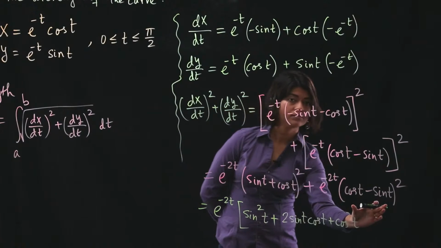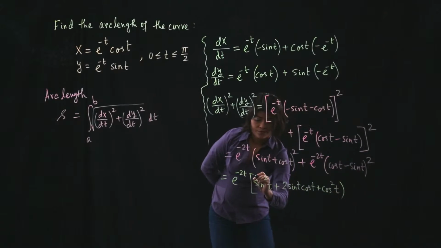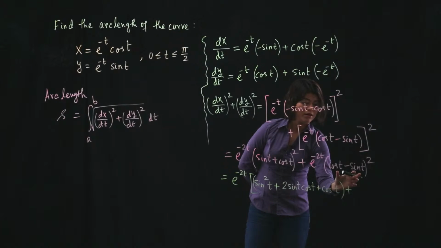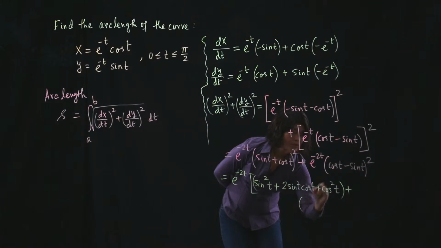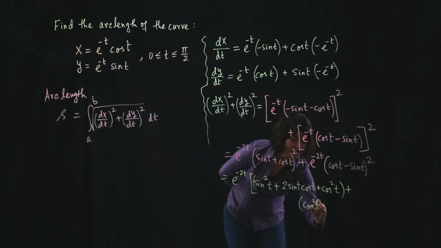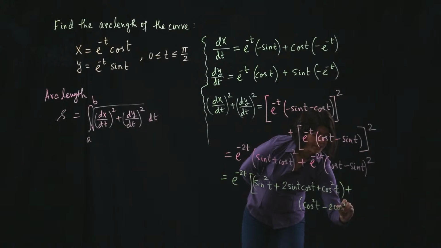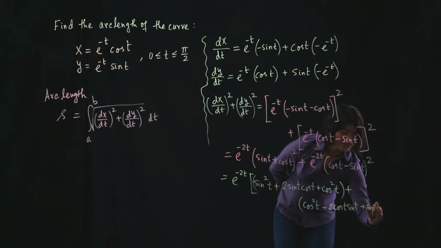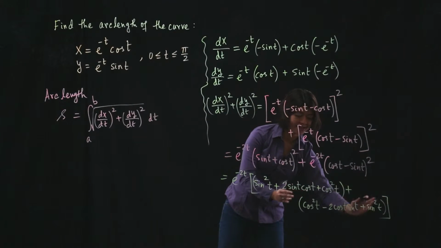Then you are adding (cosine of t minus sine of t) whole squared. So do it again, FOIL. We'll have cosine squared t minus 2 cosine of t sine of t plus sine squared t. Okay, remember all these terms are added together.